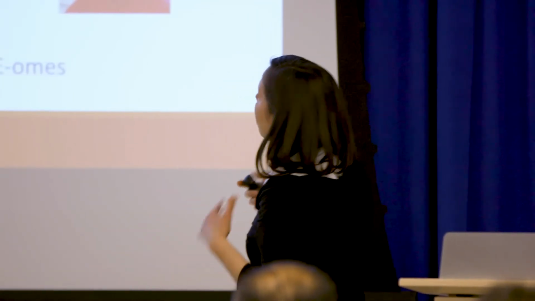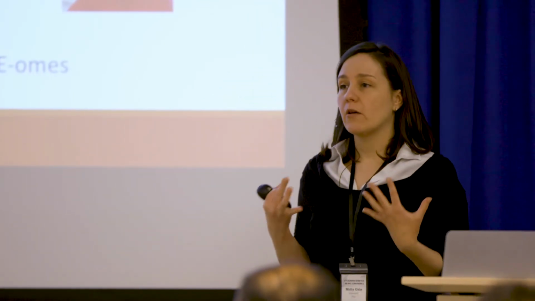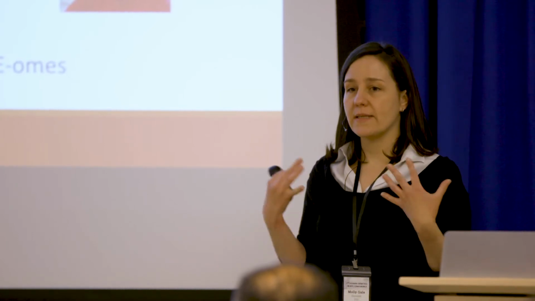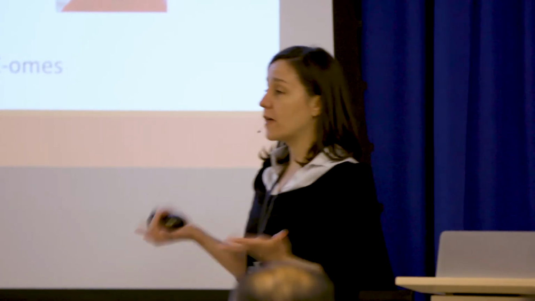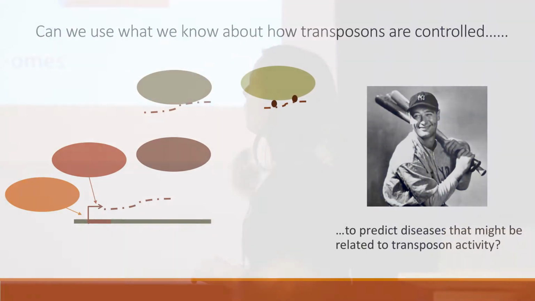Okay, and the last question that I had is, why don't you hear about this more often? Why don't you hear about more diseases that are due to dysfunctions in transposon silencing or escape of these things? While many excellent labs have been working on transposon biology for years, only recently have we really had better tools to actually look at these things, right?